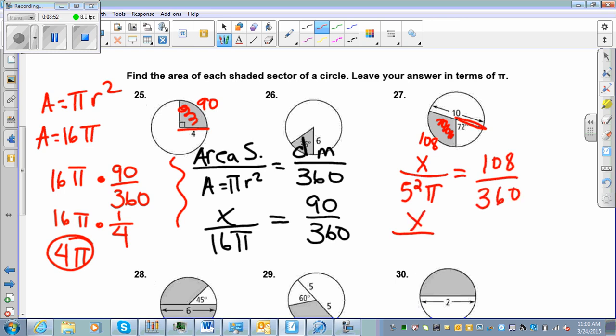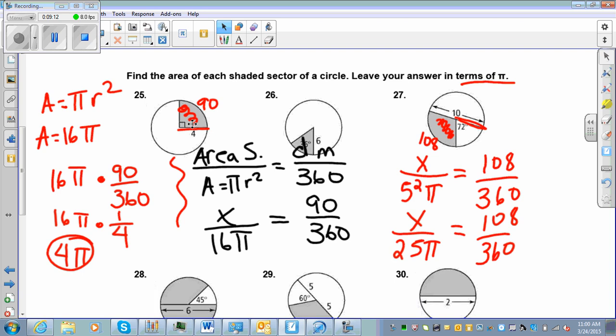So this would give you x over 25 pi equals 108 divided by 360. Say cross multiply, and again it says leave the answers in terms of pi. So when you multiply, don't multiply the pi. So just do 25 times 108.